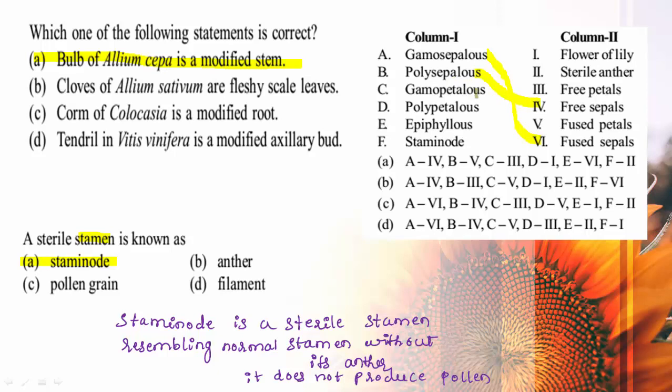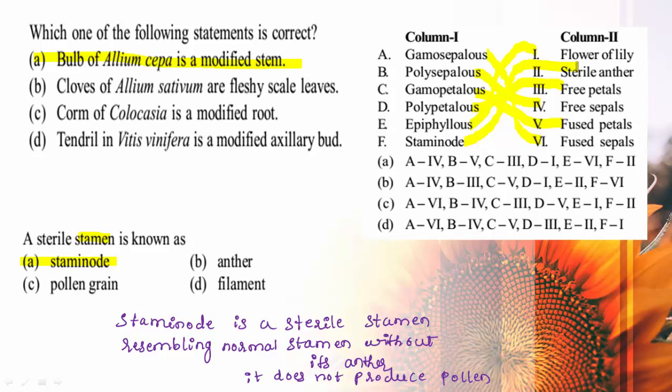Gamopetalous, it is fused petals. Polypetalous, it is free petals. Epiphyllous, for E, this is flower lily. Epiphyllous. And staminode, the last option is sterile anther.